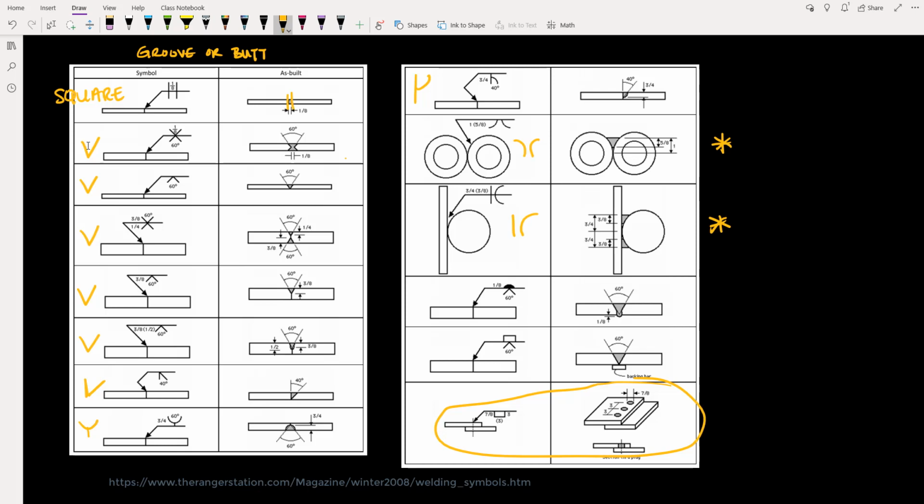So finally here we have the V with a bead weld underneath, and a V weld with a backing bar. And this backing bar and the bead weld here are means of preventing the weld from simply dripping through the two elements, as I mentioned before.